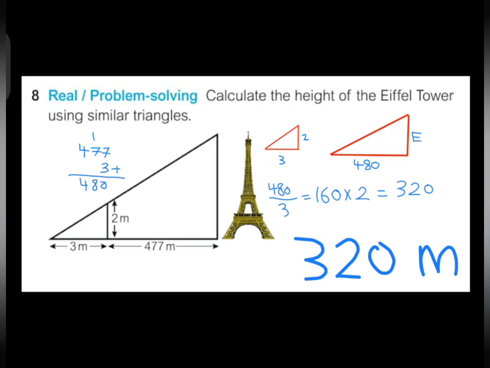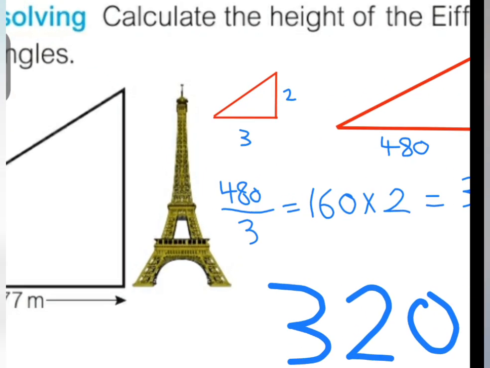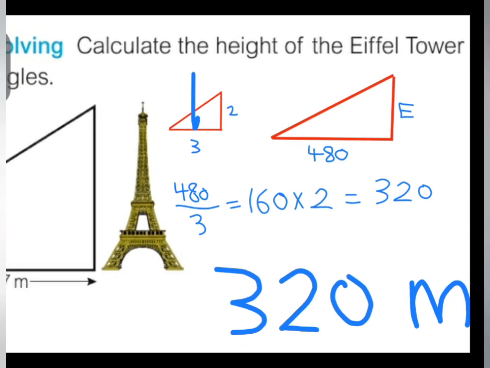So the first step we did is separating the triangles. And after separating, we label them with the lengths of the sides. And we labeled the Eiffel Tower with E. And then we found the scale of enlargement by dividing two corresponding sides. And corresponding means what? It means the same sides on different triangles.